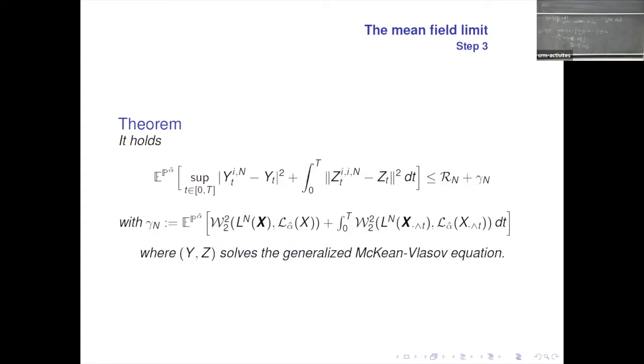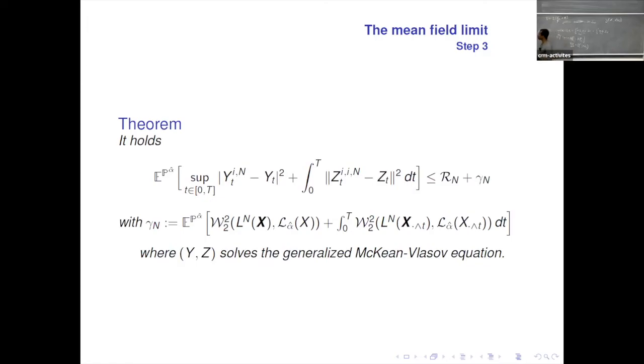The rate Rn comes from showing that Aleph goes to 0, and gamma n is essentially the rate at which the empirical measure of IID values converges. If we have state-dependent components, then this rate is known from Fournier and Guillin's work, or if you also have some functional inequalities like log-Sobolev or Talagrand on the limiting measure, you can also derive some rate of convergence there. So here we stopped.